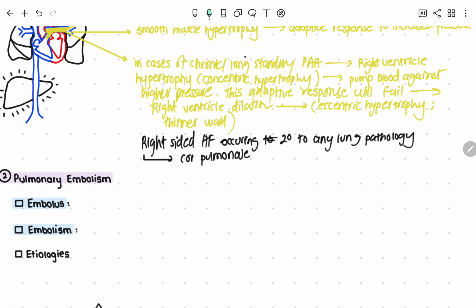And so this is a major complication that is associated with pulmonary hypertension. Over time, you can have cor pulmonale, also known as right-sided heart failure, occurring secondary to a lung pathology. The lung pathology in this case simply being pulmonary arterial hypertension.